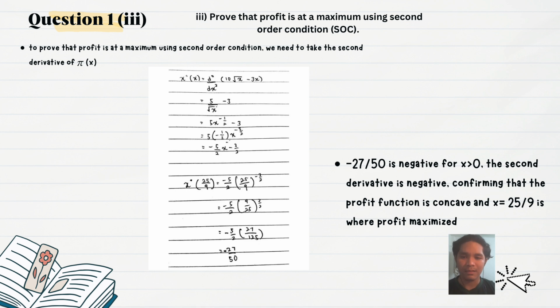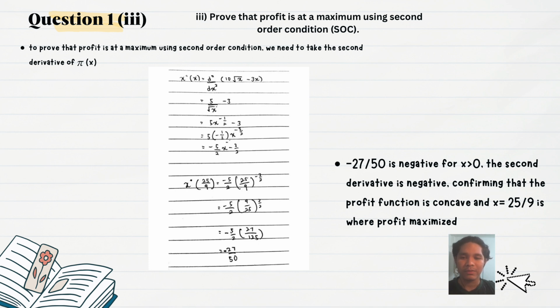Evaluate the second derivative at the critical point, which is 25 divided by 9. Substitute x equals 25 divided by 9 into the second derivative. The second derivative becomes negative 5 over 2 times 25 over 9 raised to the power of negative 3 over 2.